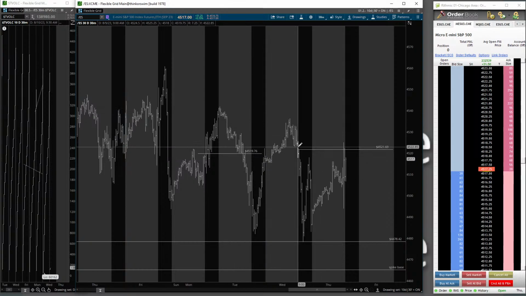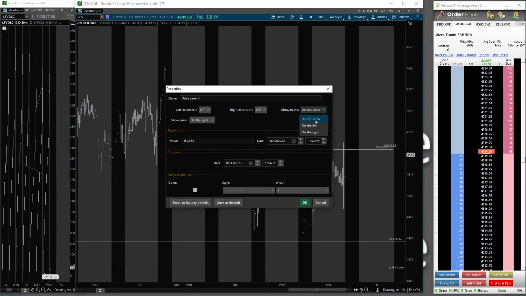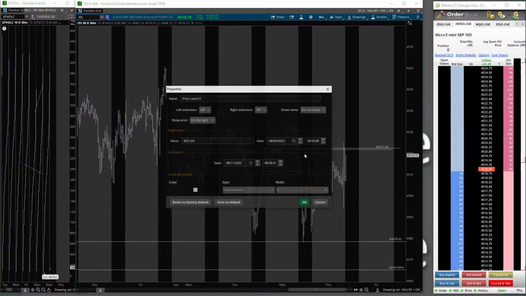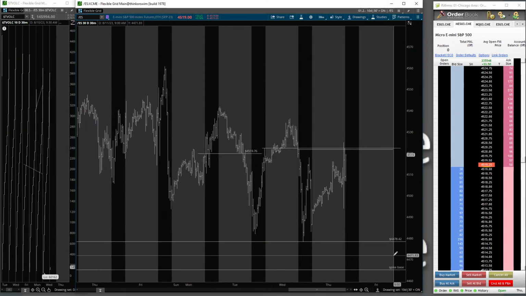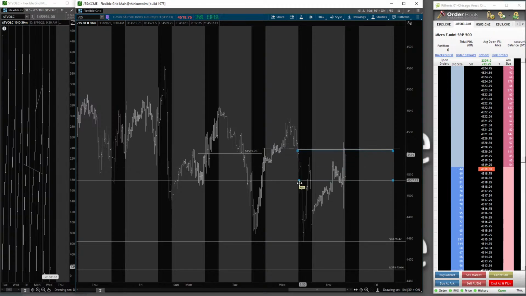Got this. This is yesterday's high. The other high is right there, very, very close. This high is very questionable. The low is also very questionable.